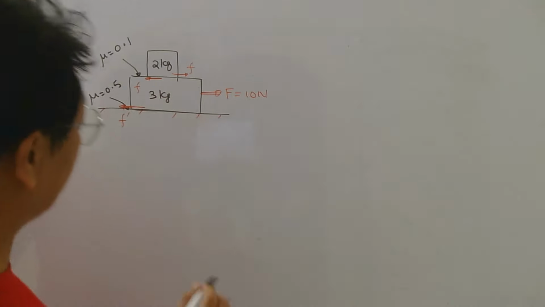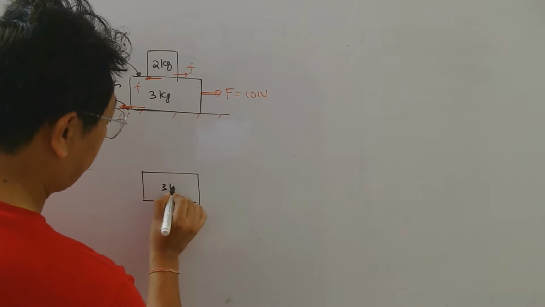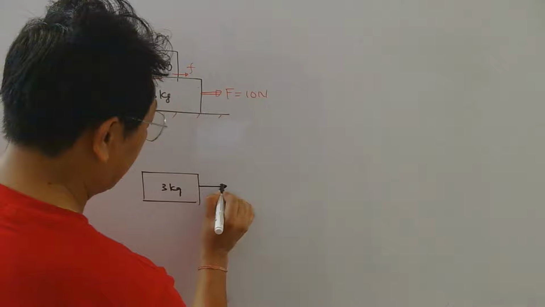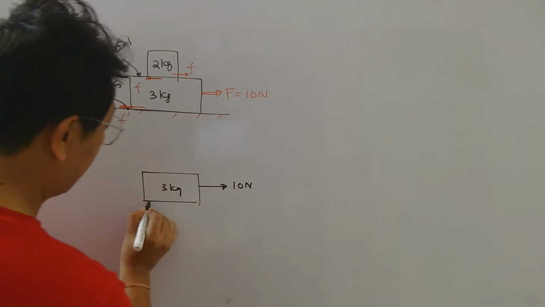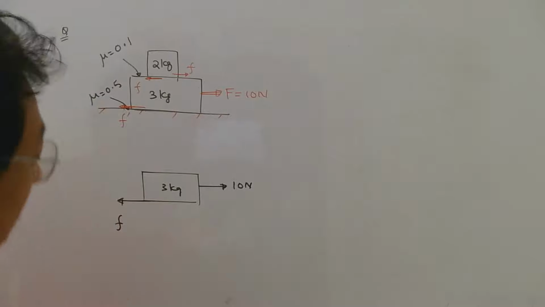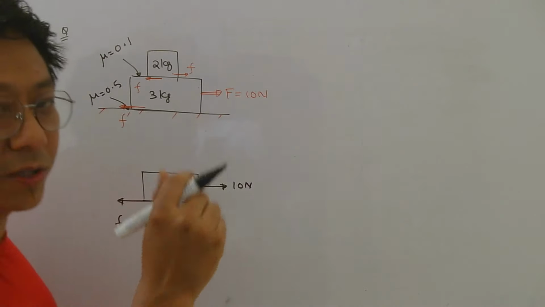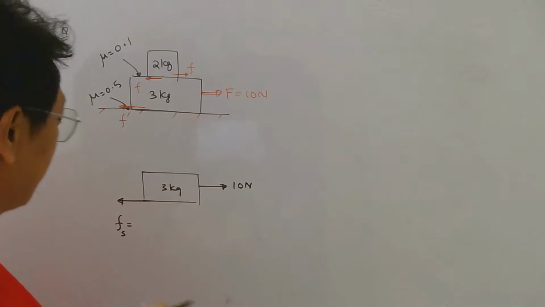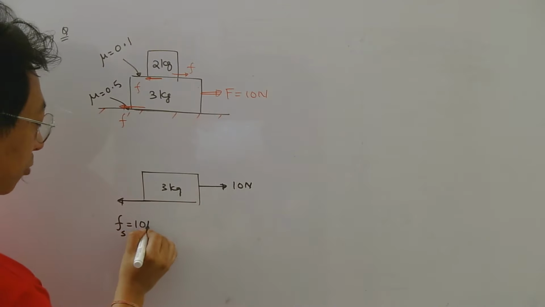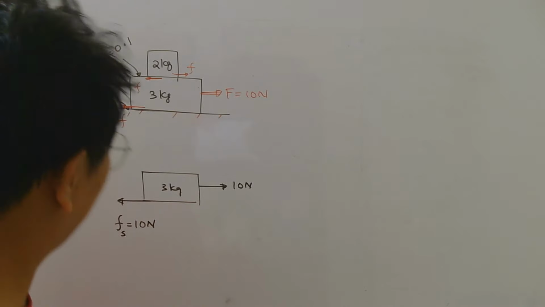Now imagine this is your 3 kg block, and here you are applying 10 Newton. And here the friction will try to oppose this. Let's say the maximum friction value here is 12 Newton or 15 Newton. Then easily it can go up to 10 Newton, right, to keep this block at rest.